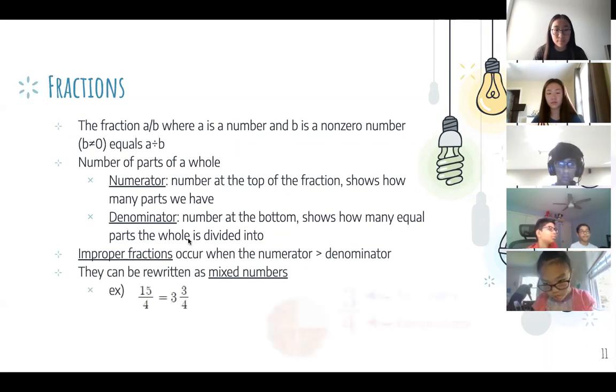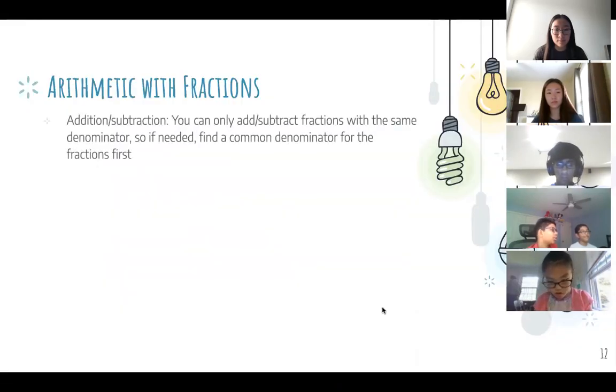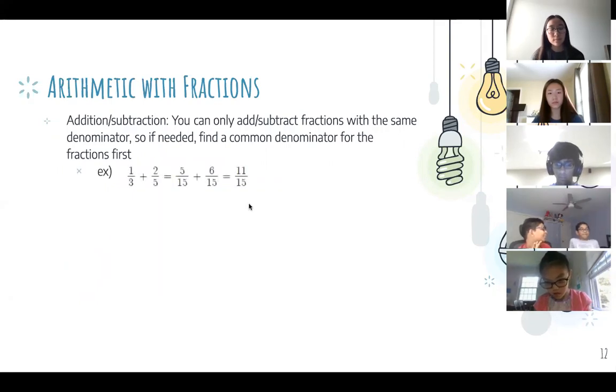So now we're just going to go through arithmetic with fractions. And I think this is going to be mostly review for all of you. So can someone explain or write how to add fractions? To add fractions, yeah, you need to get a common denominator. You can only add or subtract fractions with the same denominator. So you find the common denominator and then you just add the numerators.